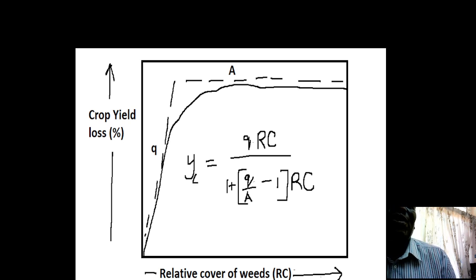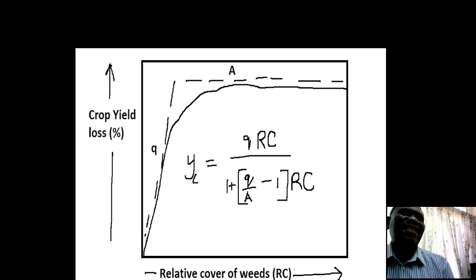So the DPhil student, in her project, is going to use this equation. It is going to be applied for maize yield loss and groundnut yield loss, covering natural region 2, 3, and 4 in Murewa and Mutoko.